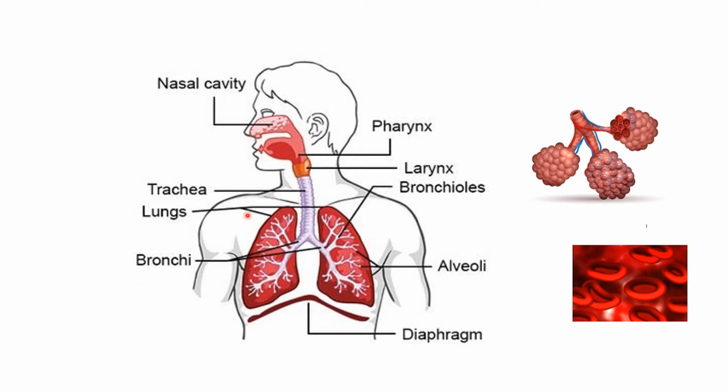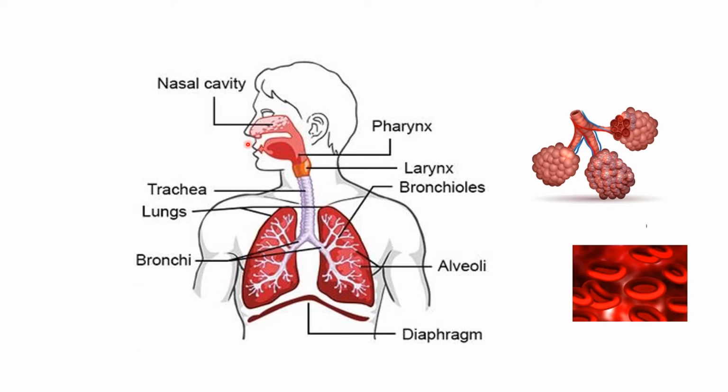Now when we breathe in air, the term is breathing. Sometimes students get confused by these two terms, breathing and respiration. These are not the same terms. These are different. Breathing means just we are inhaling and exhaling, whereas respiration is a complicated process.